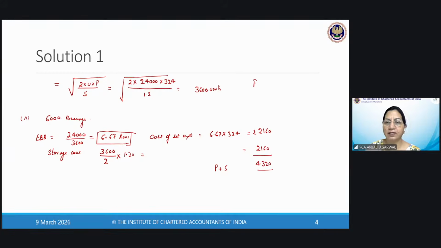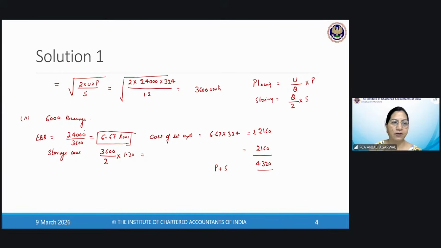So how do you calculate the placing cost? You divide the annual usage by the quantity ordered. This gives the number of orders, multiplied by the cost of placing an order. How do you calculate the storage cost? You take the quantity you order, divide by 2, because on an average you will hold half, multiplied by the cost of storage.